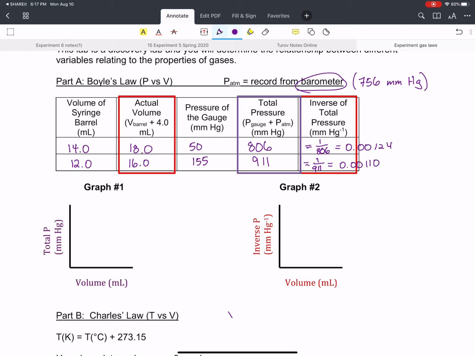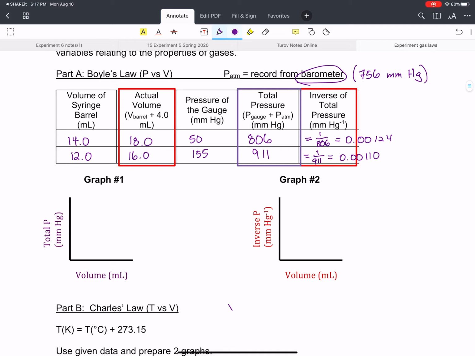Once you have all of the values filled in this table, in Excel, what you're going to do is make 2 graphs. So it's helpful to use the Excel guide provided to you to go through the steps to make these plots. The first plot you're going to make is volume versus total pressure. So actual volume versus total pressure, that's graph 1. Then you're going to make another graph where you take actual volume and the inverse of pressure, and that's graph 2.